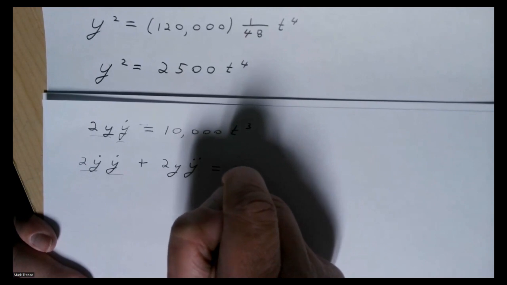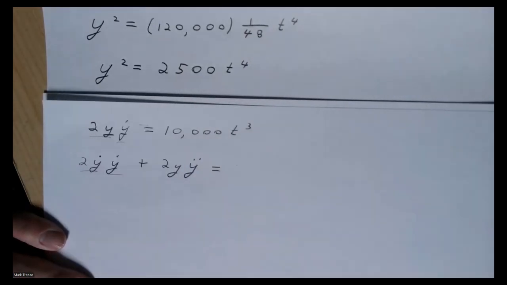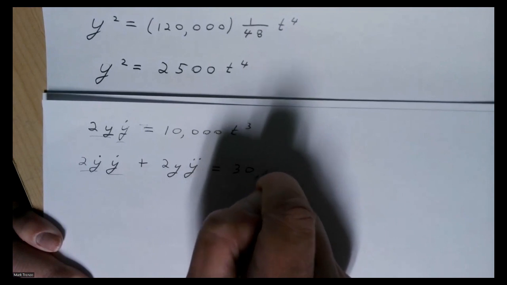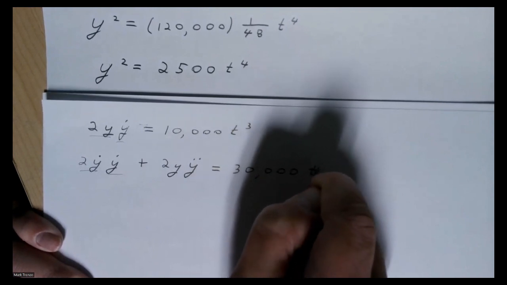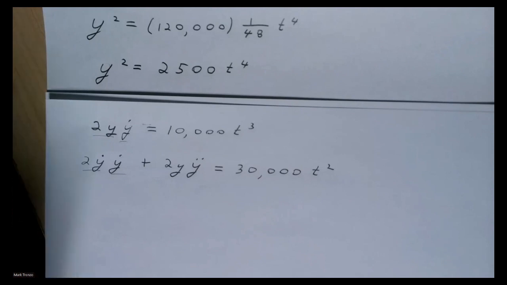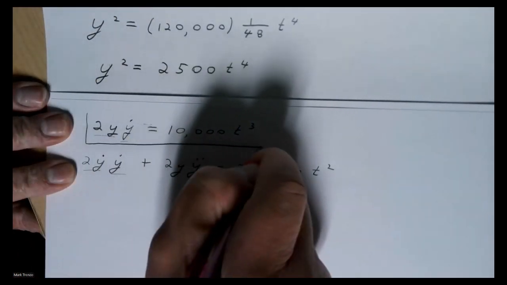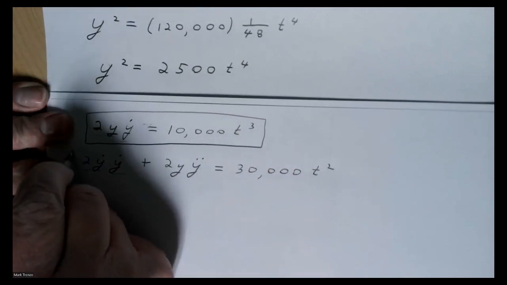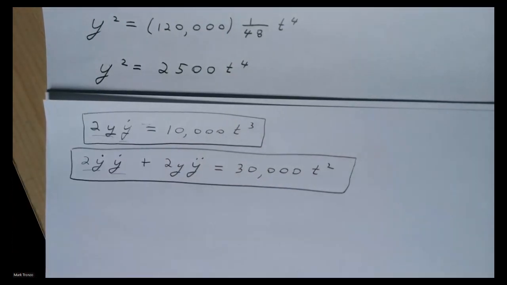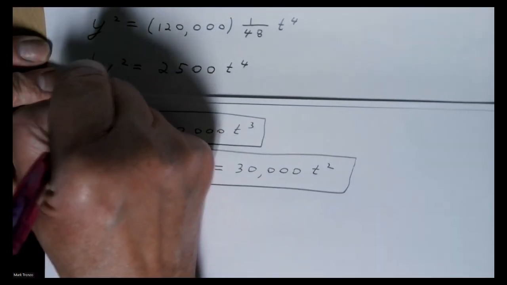And the right-hand side is just going to be, what is that? 30,000 t squared. So we have these two equations. And actually, we're going to need this equation as well.